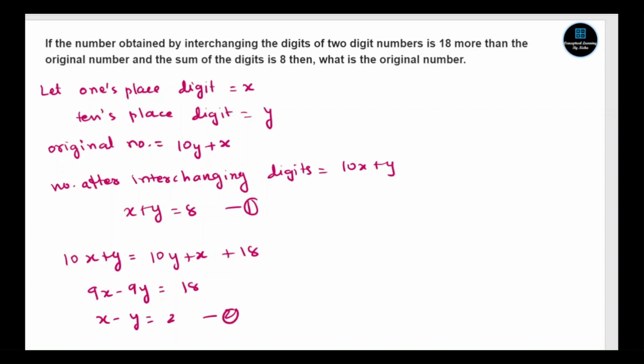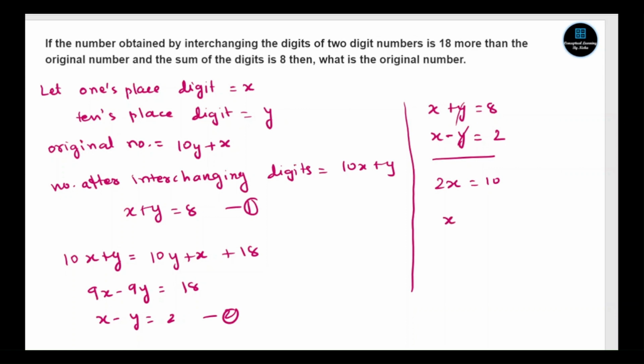We have two equations. Now I can simply apply the elimination method to solve them. Very easy question now, right? So what do we get? We eliminate y, so 2x equals 10 and x equals 5. When I substitute in any equation, I get y equals 3.